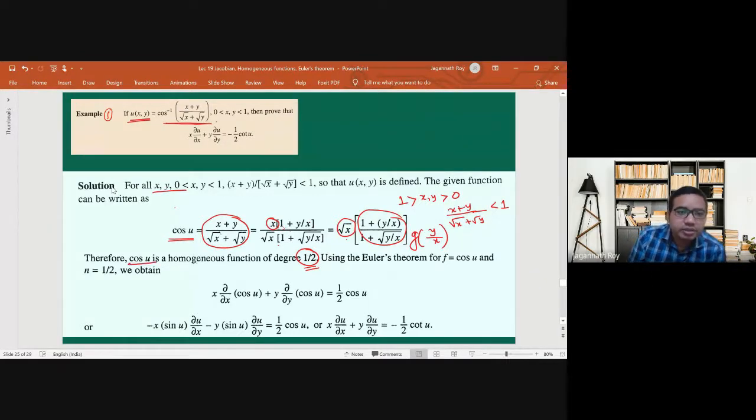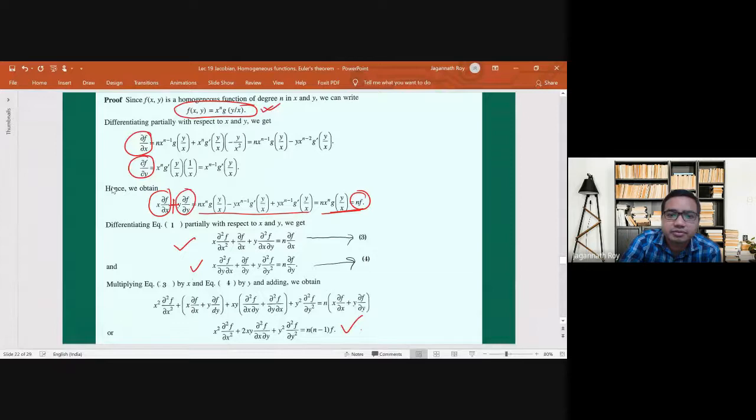So we will apply Euler's theorem on f. Euler's theorem says x into del f del x plus y into del f del y equals n times f.